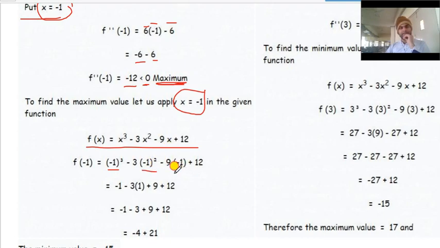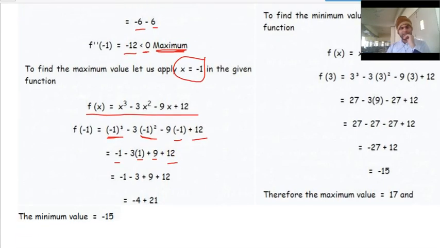Minus 9x means minus 1, plus 12. So minus 1 cube is minus 1. Minus 1 into minus 1 into minus 1, that is minus 1. Minus 1 square, minus 1 into minus 1, that is plus 1. So 3 into 1. Minus 9 into minus 1, that is plus 9. And this is plus 12.